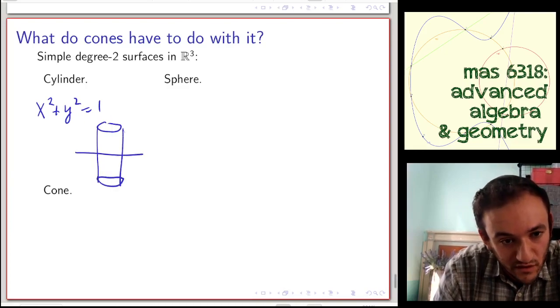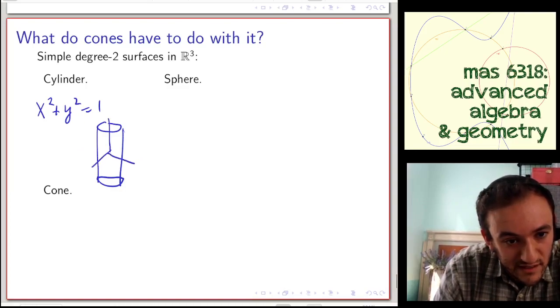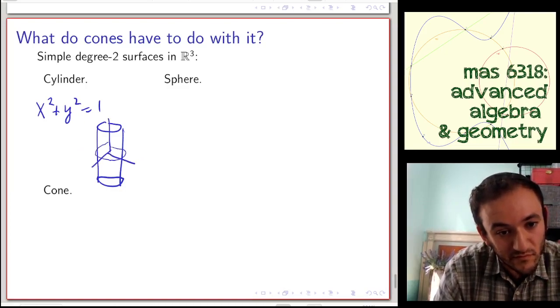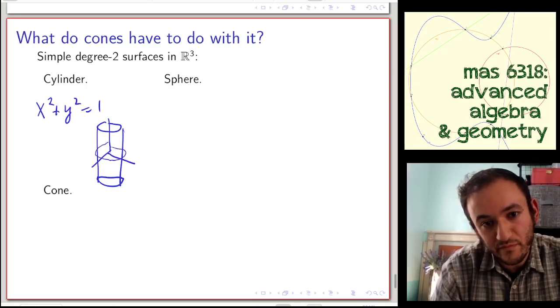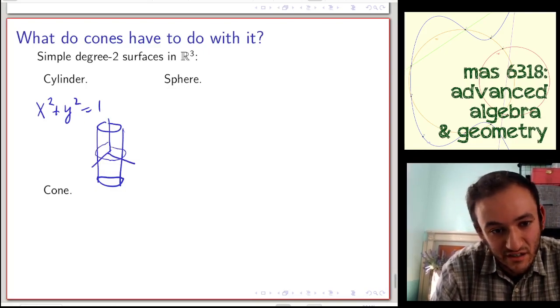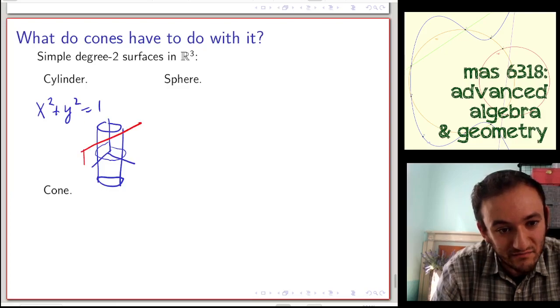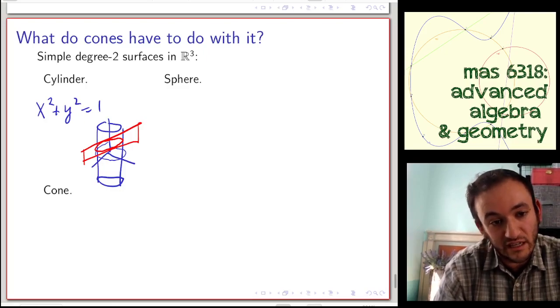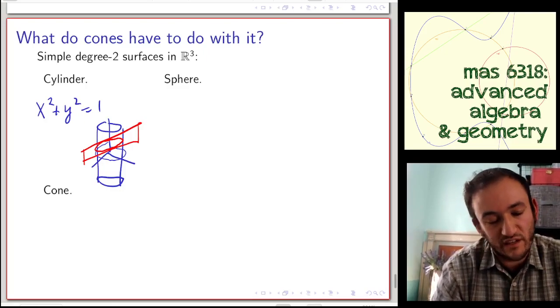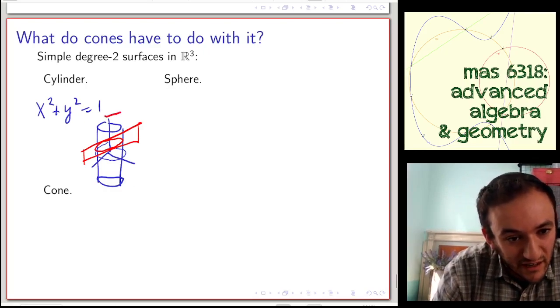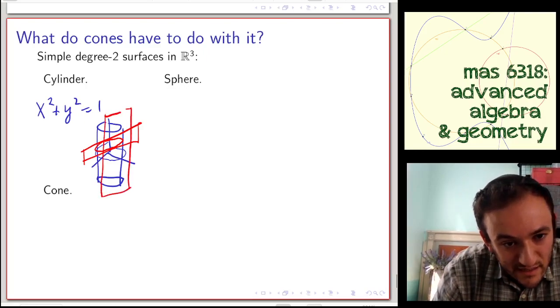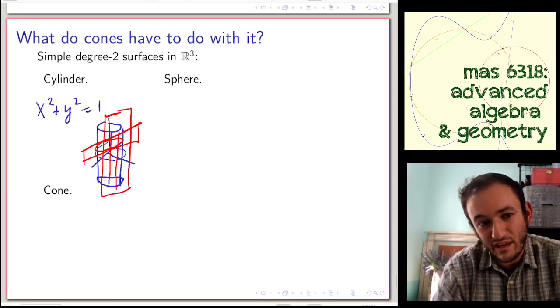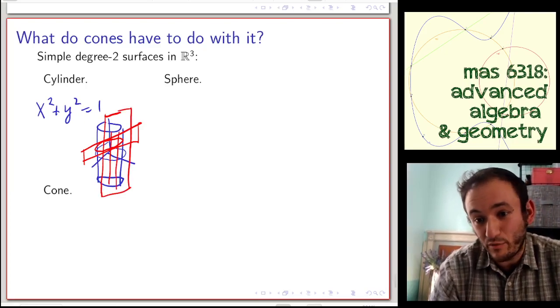But if you try to cut a cylinder, you can get an ellipse. You can get a circle, clearly, which is just a specific example of an ellipse. You can also get 2 lines, but that's about it. You can't get hyperbolas, you can't get parabolas.